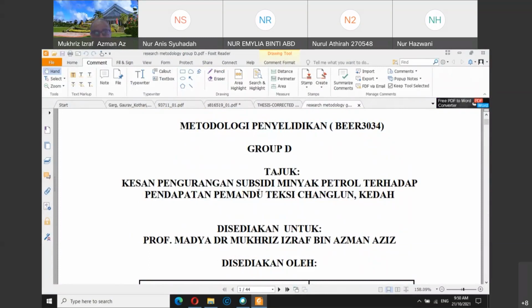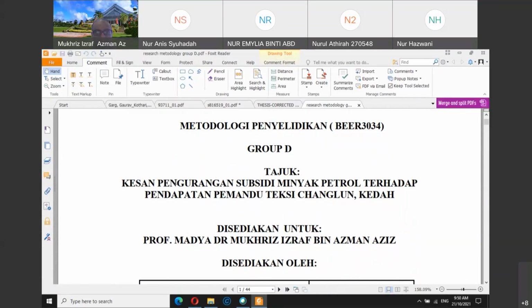Previously, most Malaysians were familiar with the low petrol prices in Malaysia, like 3, 4, 5, 6 years ago. But the government has gradually reduced it. Now they have completely removed the subsidy, especially for RON 97 petrol. But for RON 95, there is some small subsidy or mechanism to control the price.